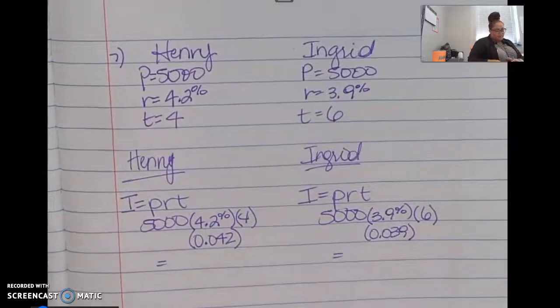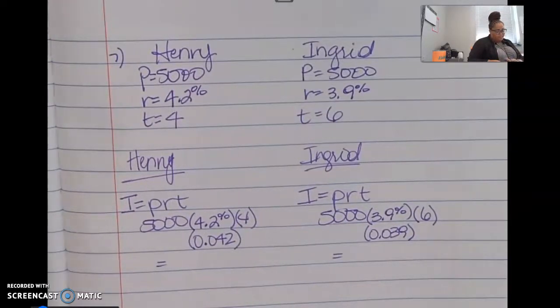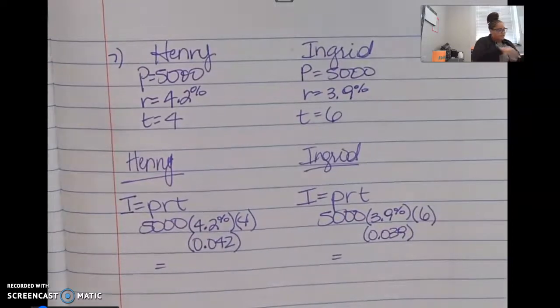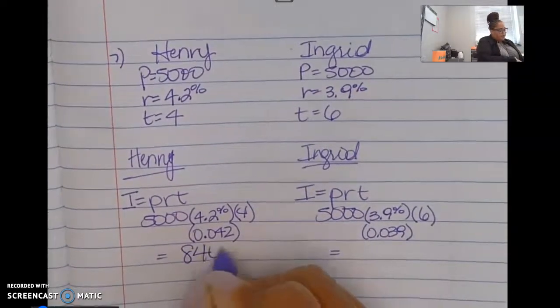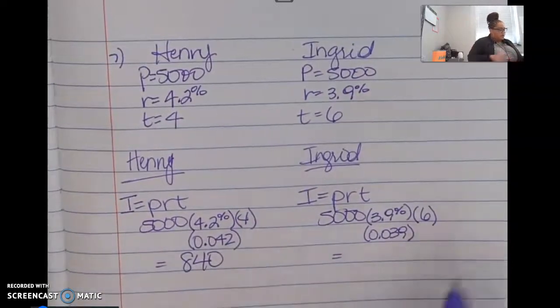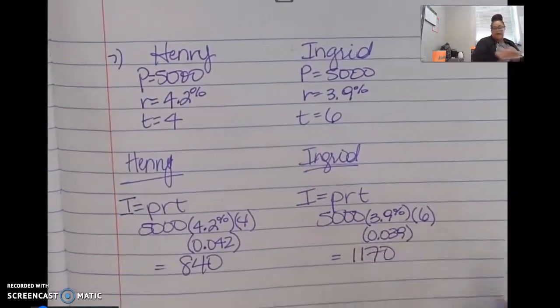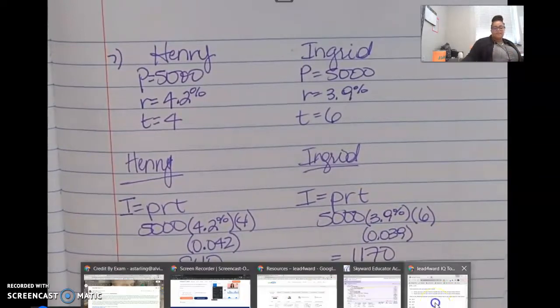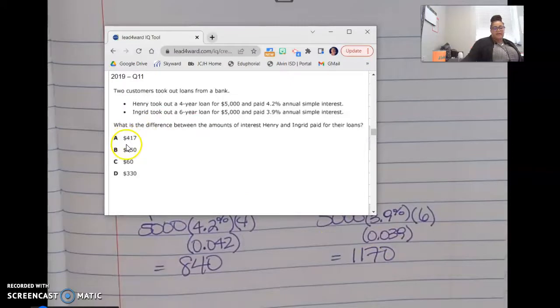All right. So Henry: how much? 840, and 1,170. Now Ingrid, go back to the answers. Did they put 840 and 1,170 up here? No, thank God, because it would have really confused you.